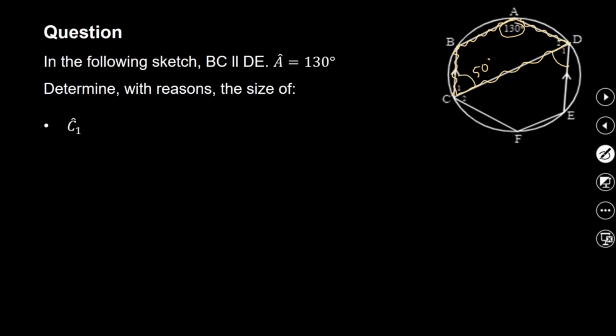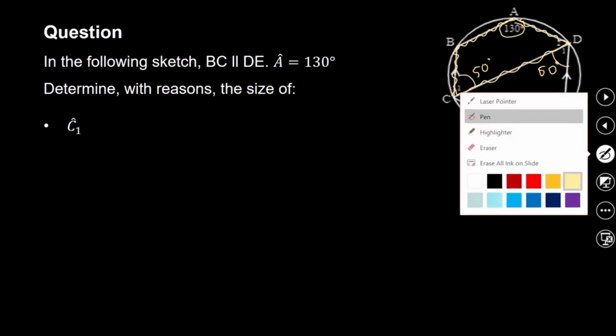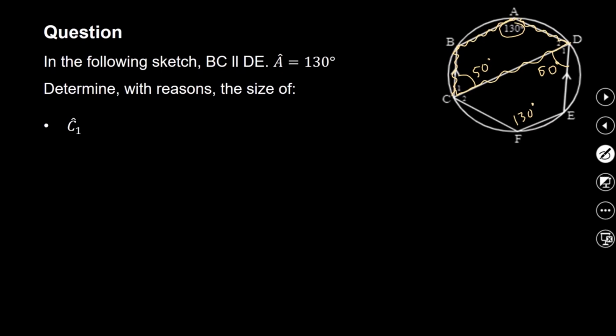So already, I'm not answering questions as yet. I keep on saying to you, I'm only looking at what I can do on this diagram based on the statement, right? If that is 50 degrees, this one is also 50 degrees. Why? Because they are alternate angles. And if that is 50, then this will be 130 degrees. You see? So that's what I have so far as the additions that I can make based on the fact that those lines are parallel, and also there's a cyclic quad and all of that.